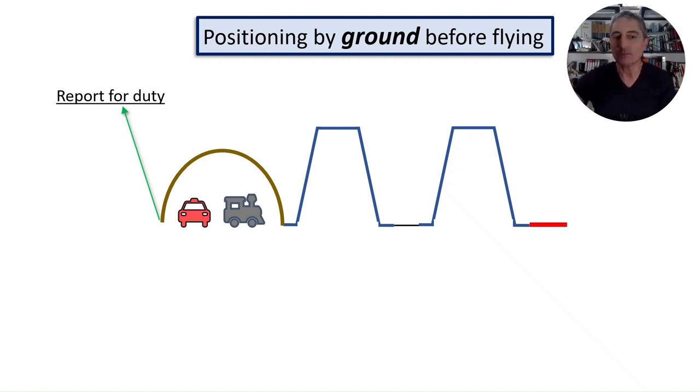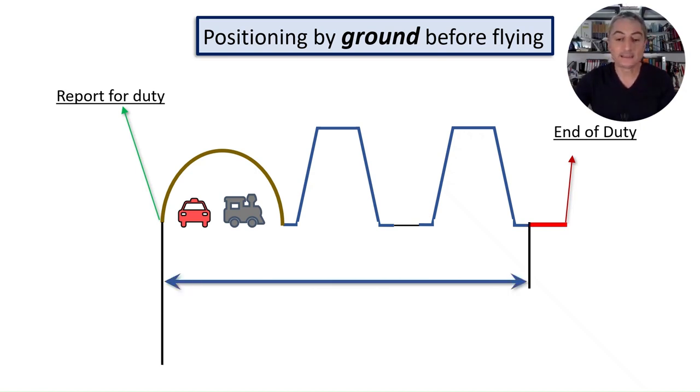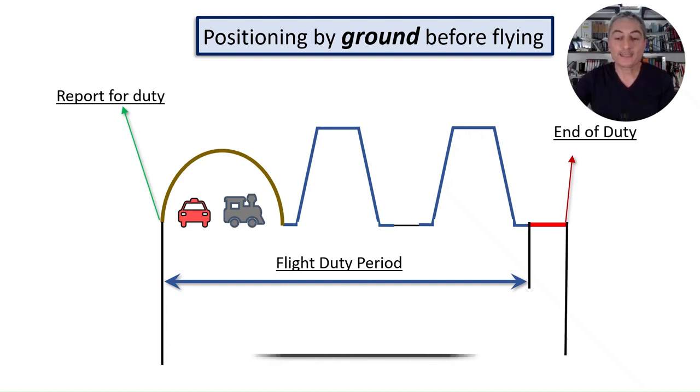Then you go somewhere, then you do the sectors you need to fly, and then as usual there is the end of duty 20 minutes after, the post duty. In this case, again, the flight duty period is between the report for duty until the on block of the last sector of the day, and the duty period is between the report for duty and end of duty.